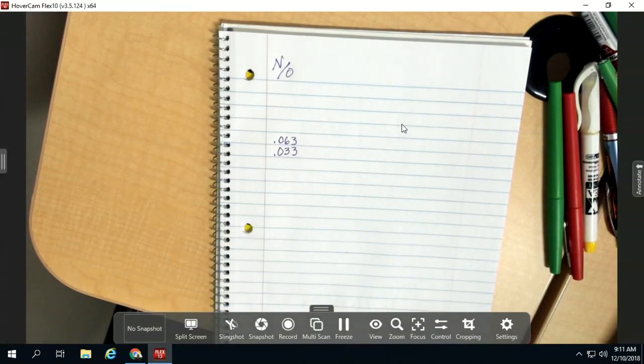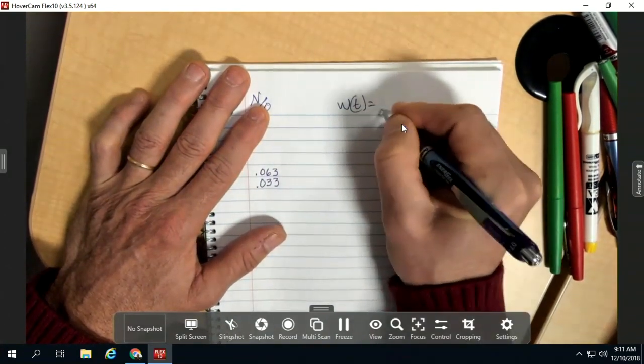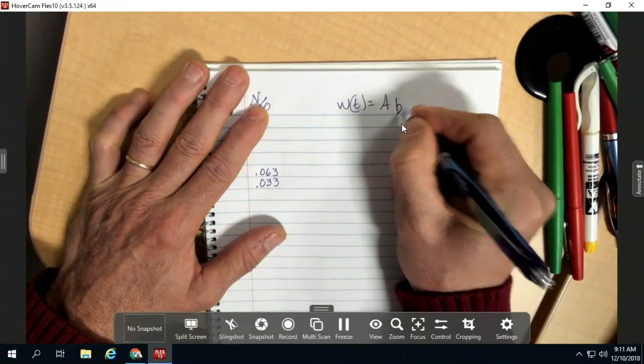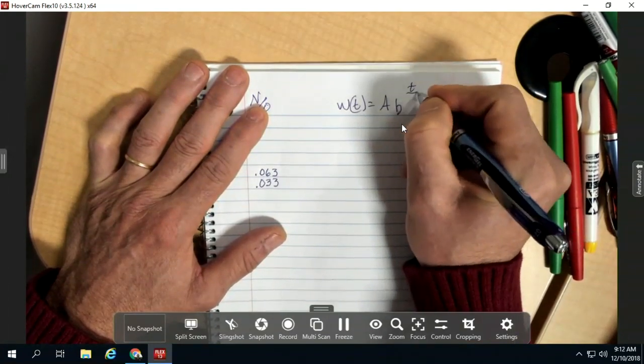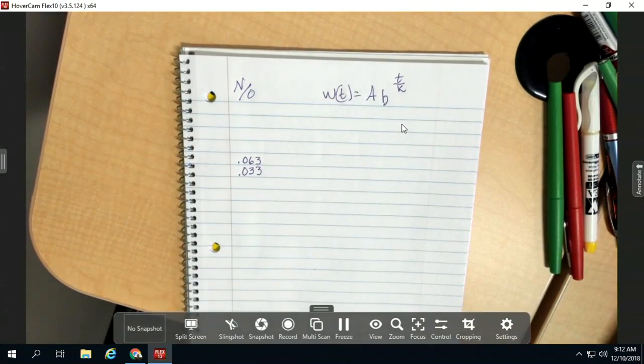Go! I'll walk around and help you. Find the formula: W as a function of t equals a b to the t over k. Get to work. I'll help you.